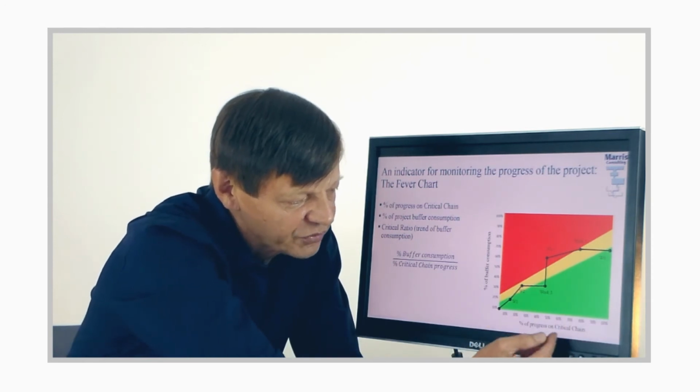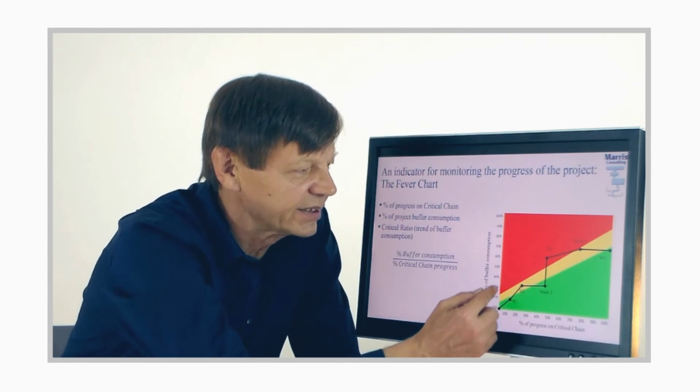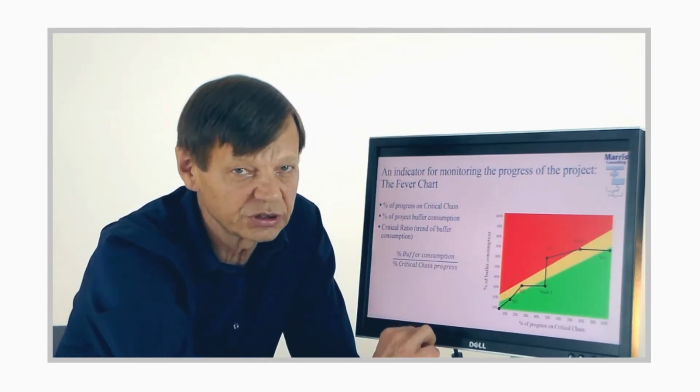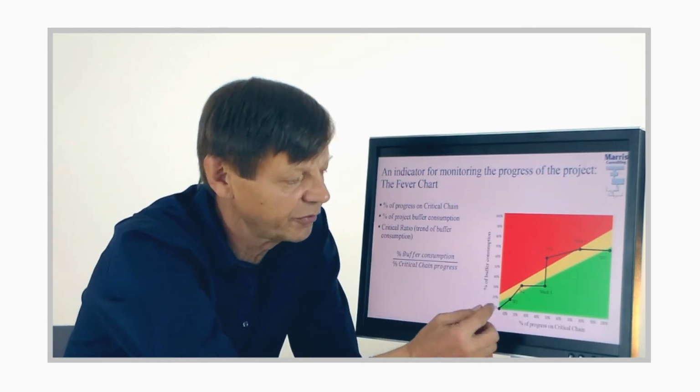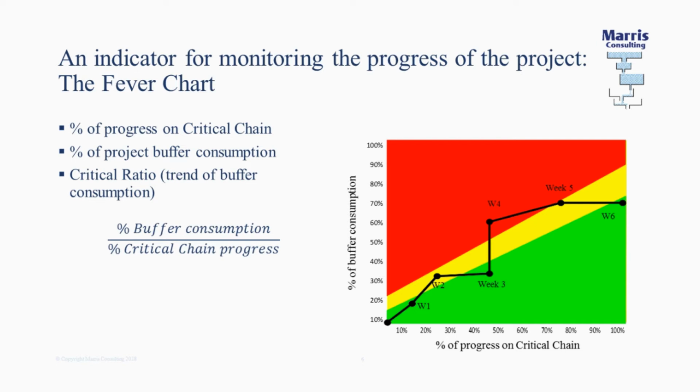So we measure the progress of the project, and the way of measuring the progress on the project is the percentage on the critical chain. On the other axis up here, we're measuring the percentage of consumption of the project buffer, from 0 up to 100. And that's the way it's presented.